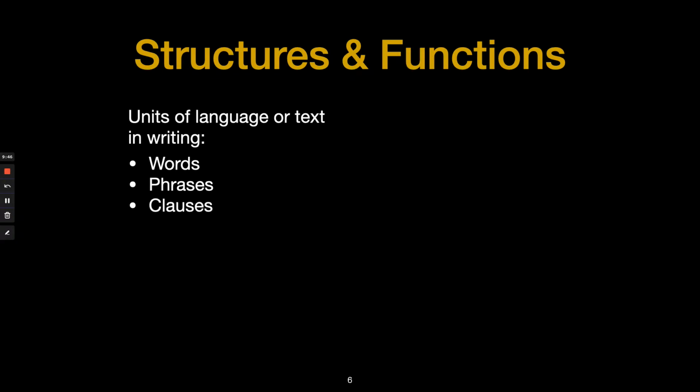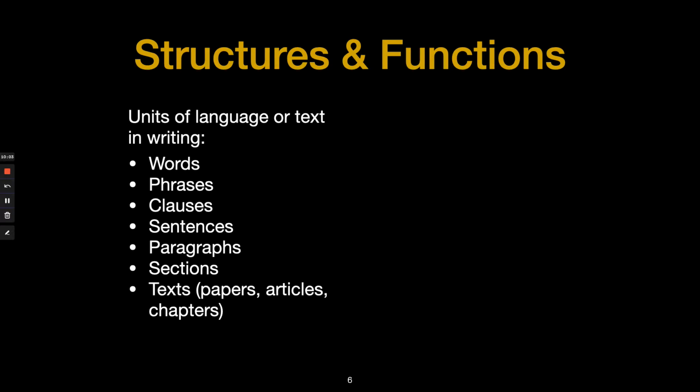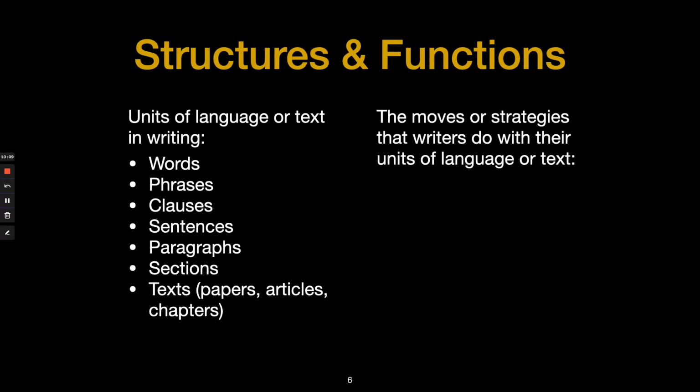Clauses are groups of words that have a subject and a verb. Sentences are complete ideas, grammatically complete ideas. They have a subject and a verb, and they end with some kind of punctuation. Paragraphs are a collection of sentences, and then sections are collections of paragraphs. And we put those together, we have text. Those can be papers or articles, chapters, and even longer into books.